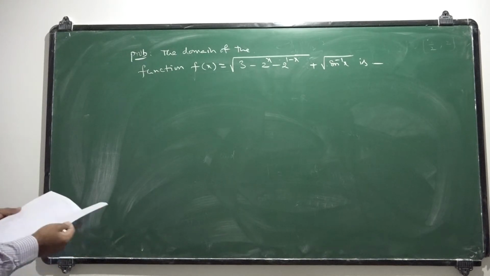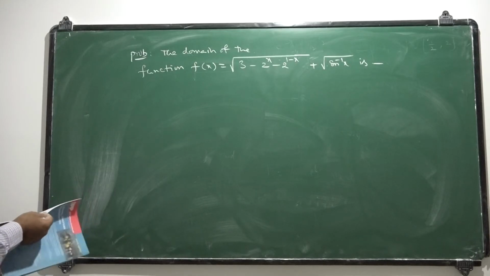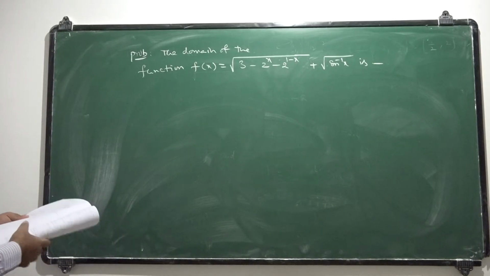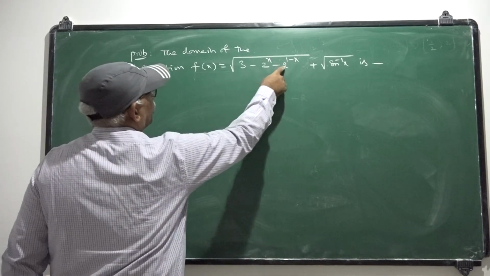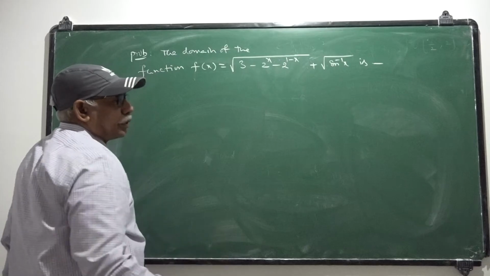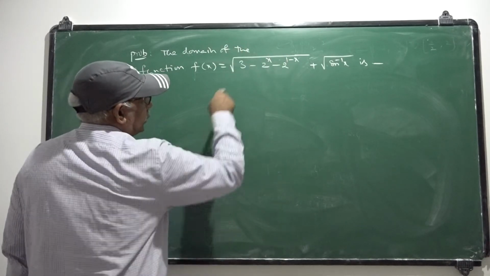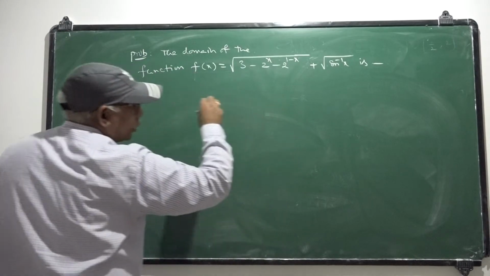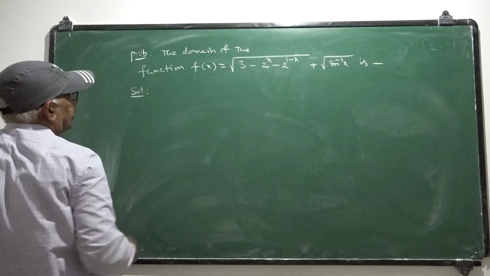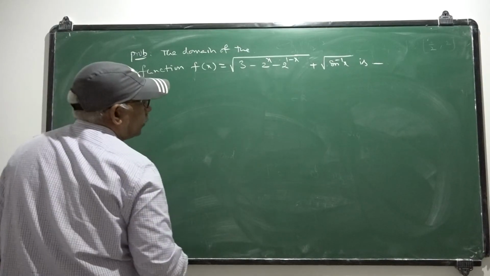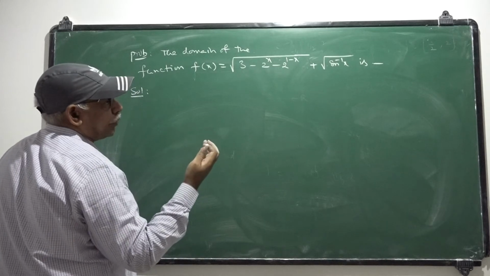So the function is defined only for 3 minus 2 power x minus 2 power 1 minus x greater than or equal to 0, and sine inverse x also greater than or equal to 0, because the two terms involved in the definition of the function are square root functions.